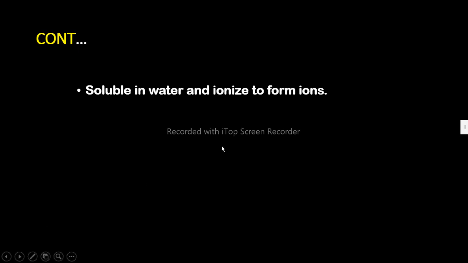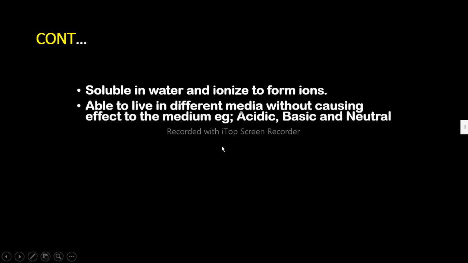However, one unique thing is that on the same amino acid you have the amino group, which is basic in nature, and the carboxyl group, which is acidic in nature.